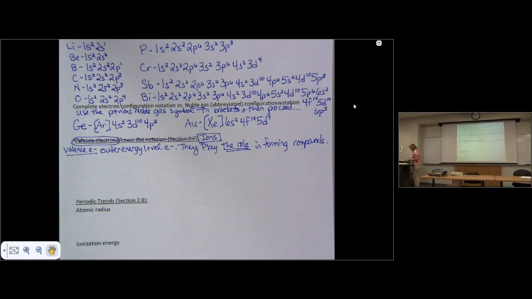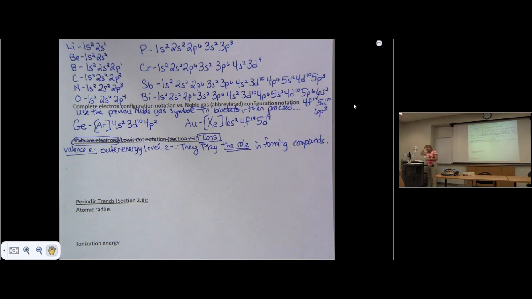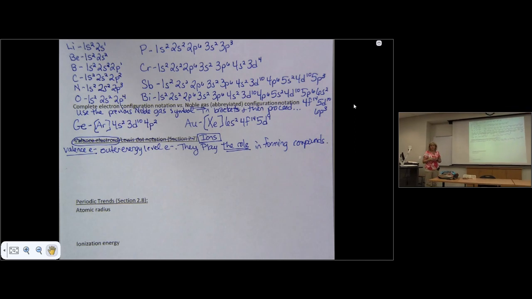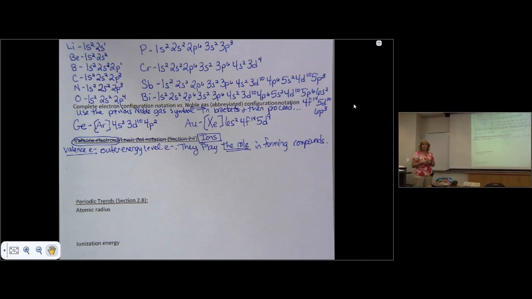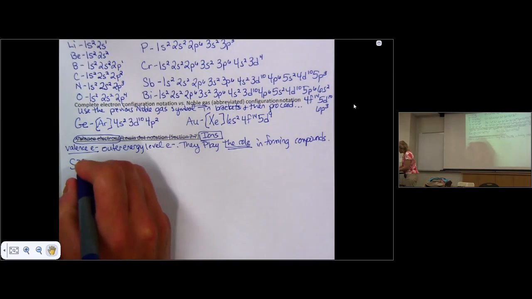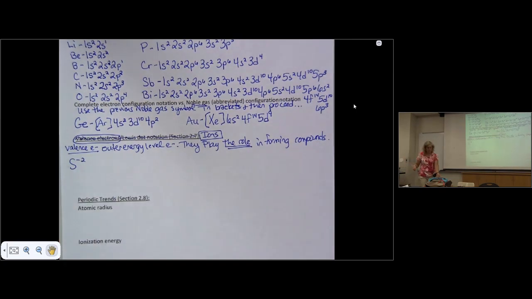All right, guys. Here's what I want you to do to start off, just to confirm that you remember what we did last week. I want to see if you can write the electron configuration notation for sulfide, S-2 sulfide.